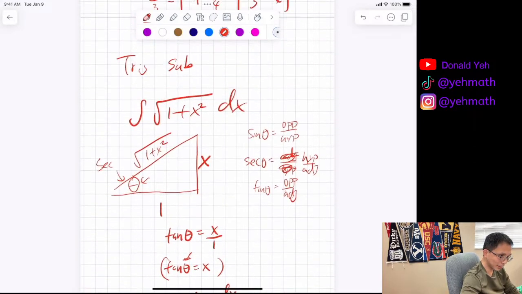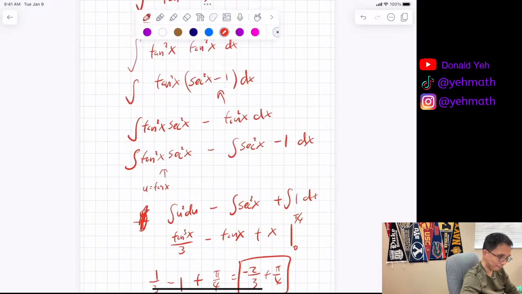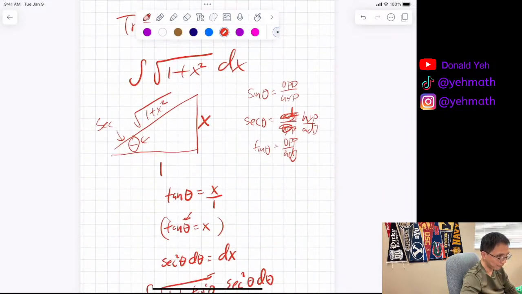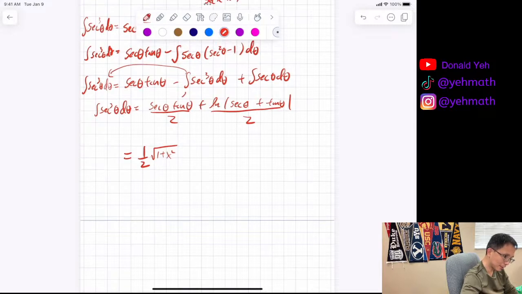What's the tangent of theta? It's just x. Good. So it'll be x here, plus natural log, half of natural log of what? Square root of 1 plus x squared, hypotenuse over 1, right?